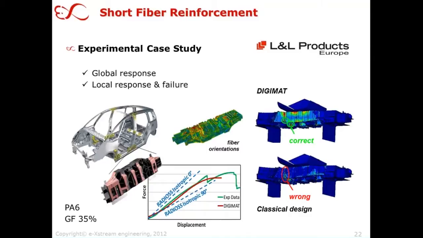So in explicit, of course, you want to take a look at the correct failure behavior, and the correct failure behavior of your part is of course highly dependent from the correct local stresses, or the stress fields that you compute on your part. And what they have done here is again the comparison between isotropic and anisotropic.